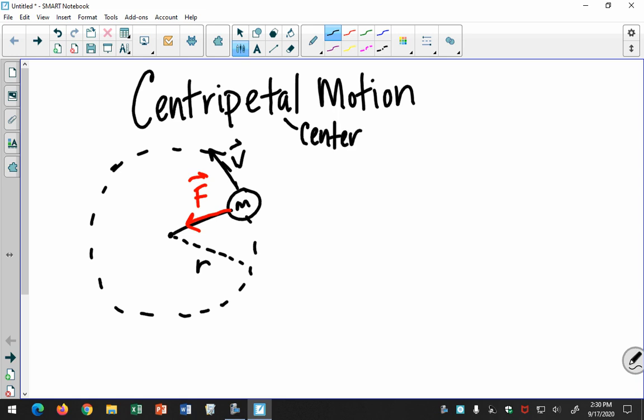And hold on to this because this is important later, it may not even be the total force, it might just be a component of the force that seeks the center. Okay, so let's start with some of our basic equations. You got to remember a few things here, like Newton's second law, right?